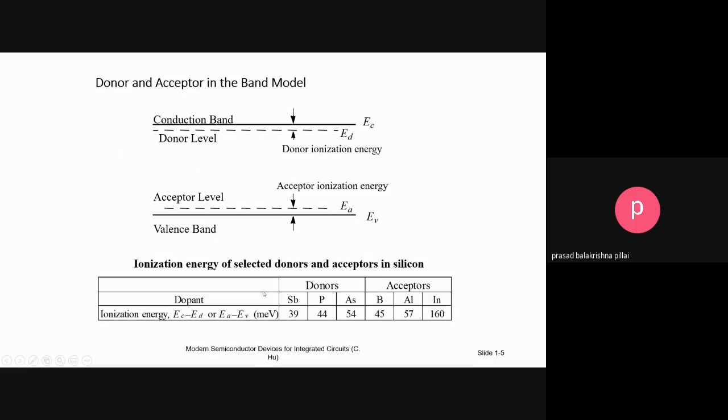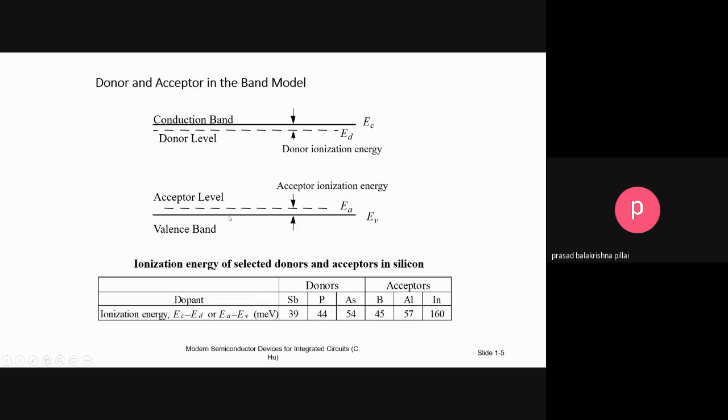There is another table where I will be clearly showing this. This gap is about 44 meV, milli electron volt, whereas the silicon band gap is 1.1 electron volt. Normally to create additional electrons, you have to give 1.1 electron volt. That is the beauty of this band diagram.